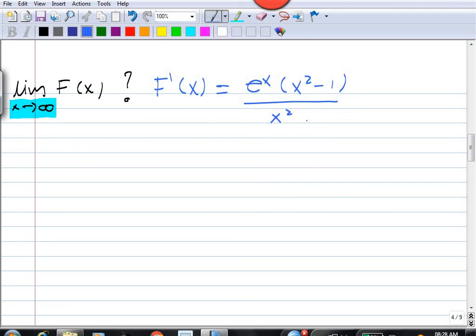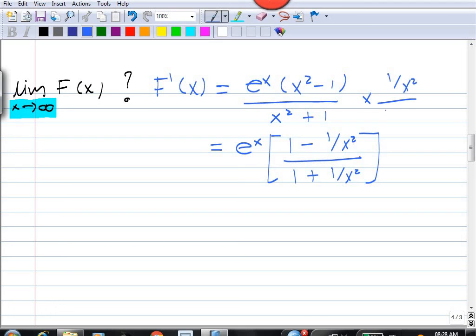So we look at the thing that we do have some knowledge about, and that's the derivative. Now, we can rewrite this as e to the x times 1 minus 1 over x squared over 1 plus 1 over x squared, and we simply multiplied by 1 over x squared over 1 over x squared.